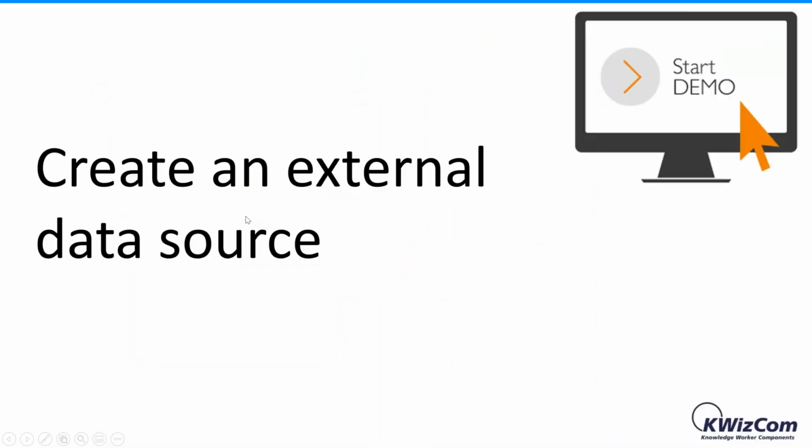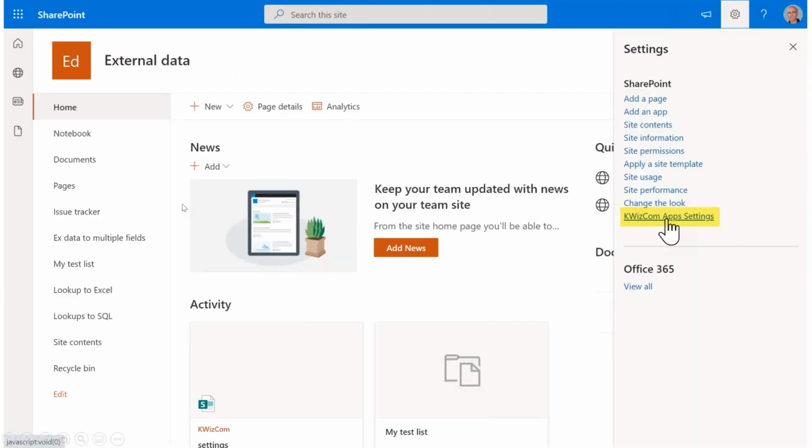So the first step, as I said, is to create your external data source. In our case, I need to create a data source to a SharePoint list located in a different site collection. To create an external data source, you go to your site settings, click the gear icon, and you'll see the last menu item is QuizCon Apps Settings.